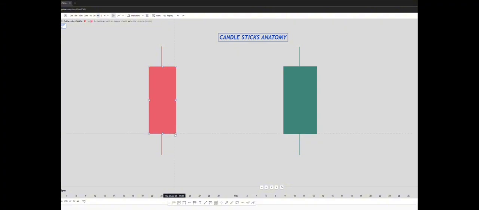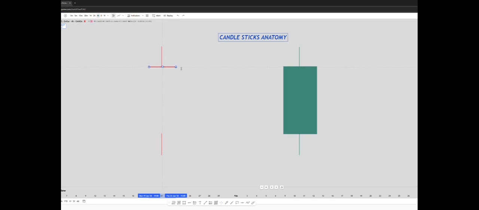As I said earlier, this is the open of this particular candlestick. This is where it opened, and candlesticks tell us what is happening between the buyers and the sellers in the market. As this candle opened, what happened?